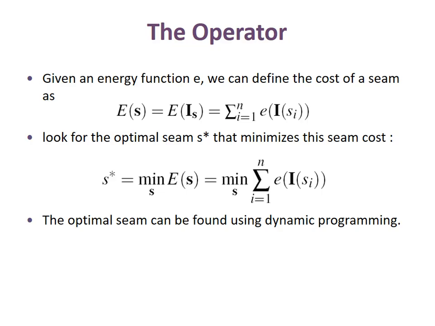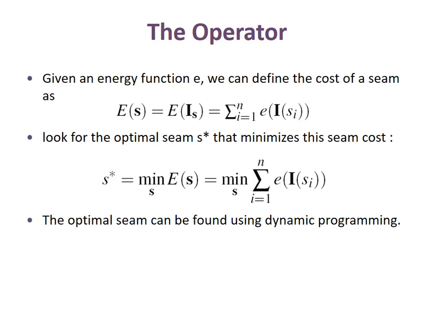Okay, so next you can consider how to solve this optimization problem. Given an input image with the corresponding energy map E, you can draw anything if it follows the definition of a seam.